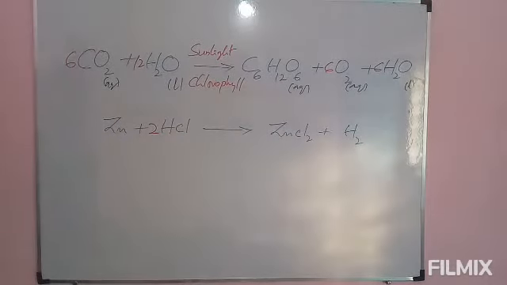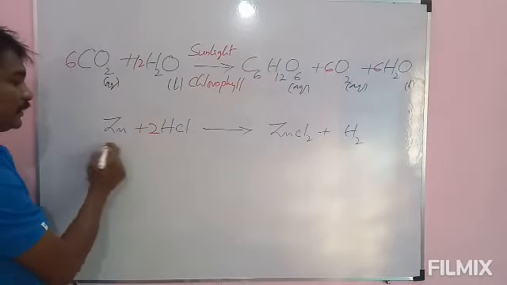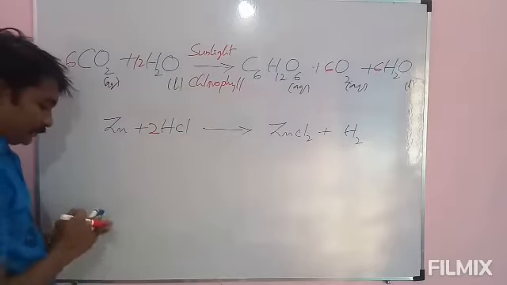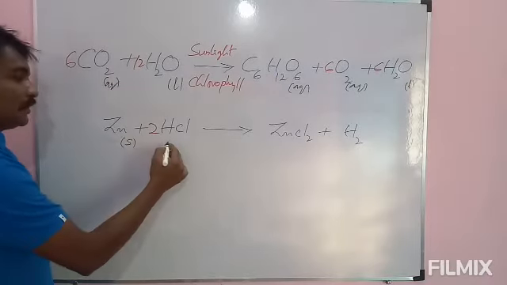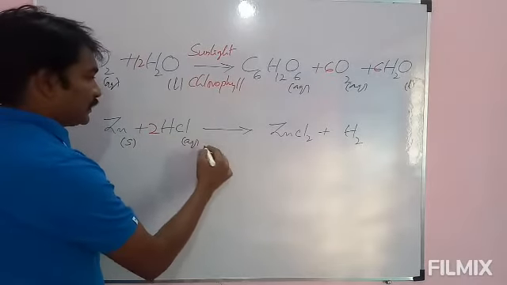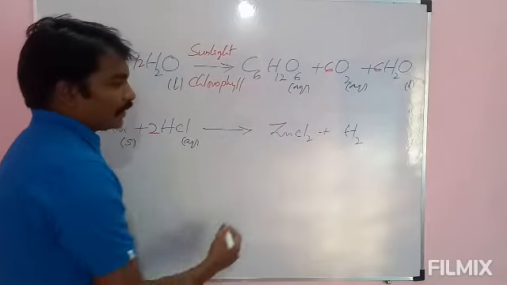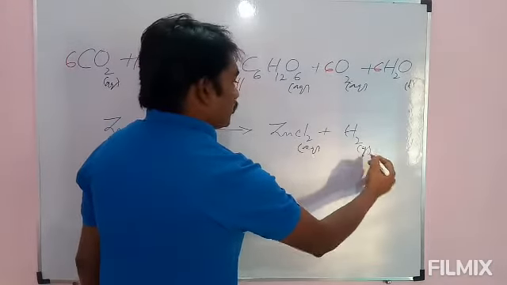And see here, zinc is a solid, I am writing zinc solid, and dilute hydrochloric acid, in the sense it is in aqueous state, and we will get zinc chloride also in aqueous state, and hydrogen is a gas.